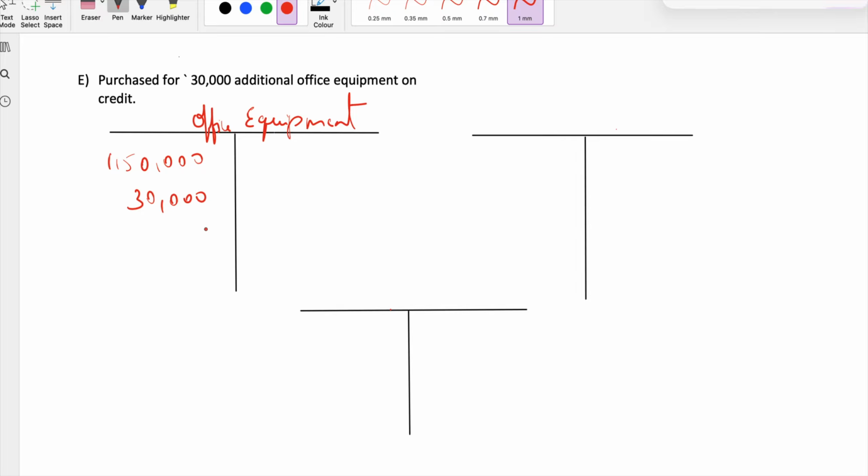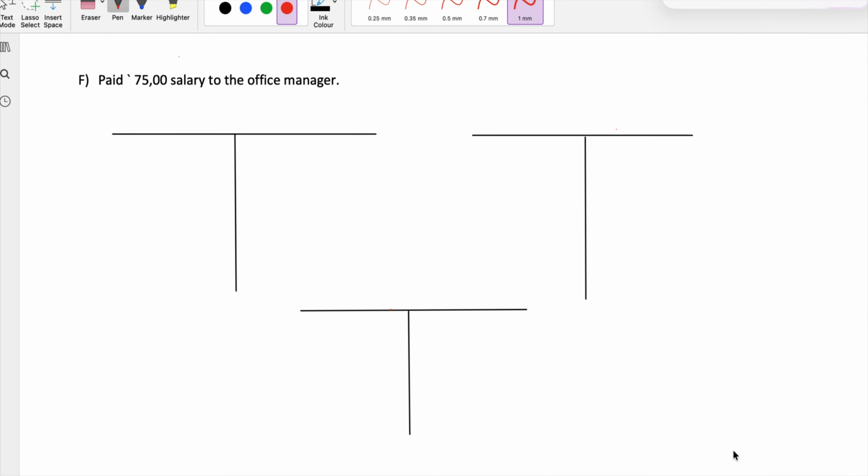Increase of asset will be debited. Since it's a credit purchase, payable or creditors will be credited. Okay. So already there was 3,12,000 with the previous transactions. So to this we will add 30,000 as well. Okay. One debit and one credit entry.